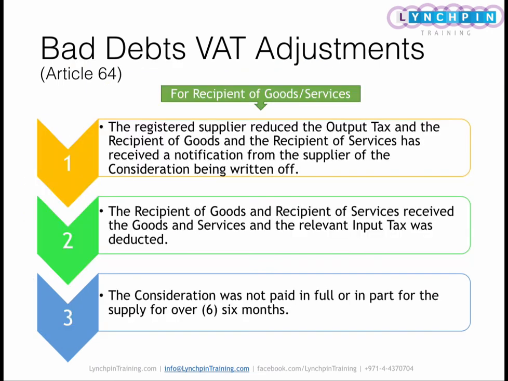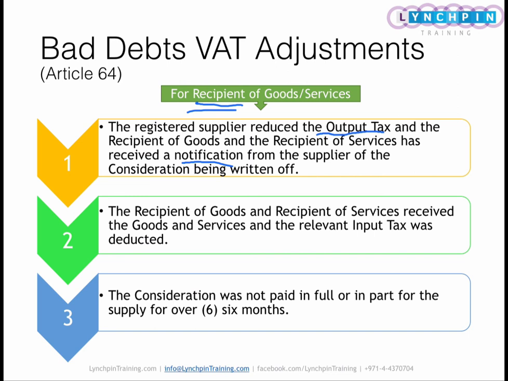Similar conditions are for the buyer of the goods. Anyone who will be buying the goods has to adjust his input VAT also. Now in that case, of course, the supplier has already reduced the output VAT, and he has got a notification from the buyer itself. Of course, we have already seen that the supplier has to issue a notification to the buyer.